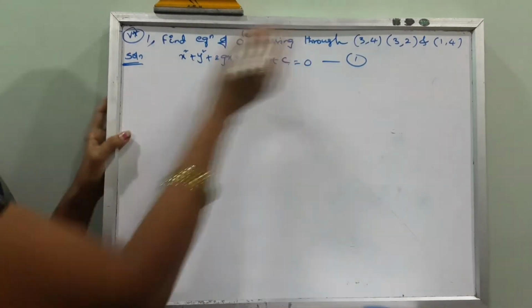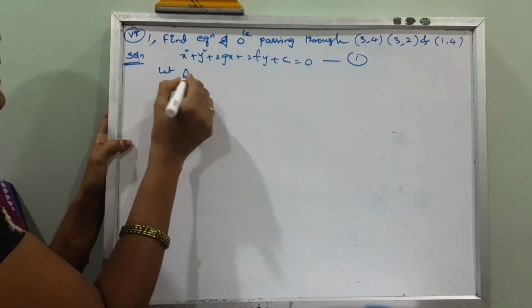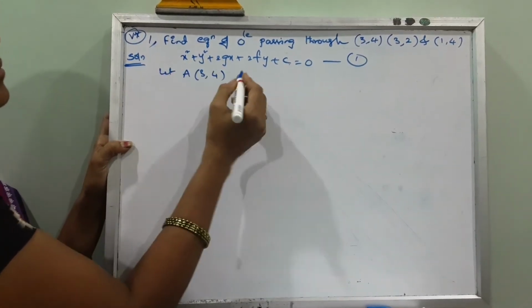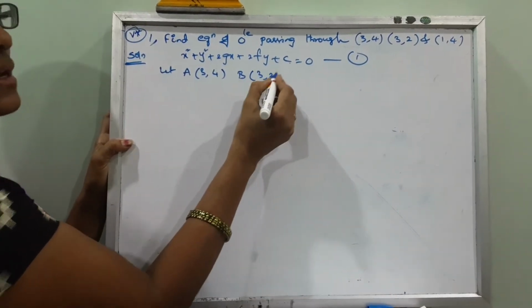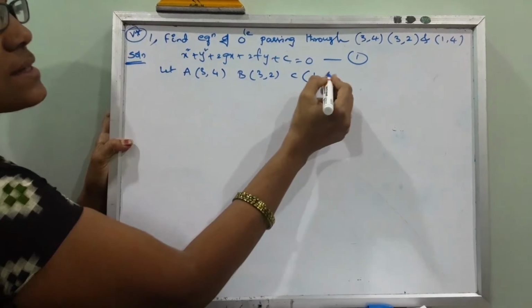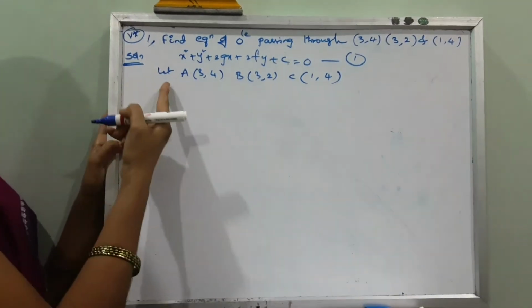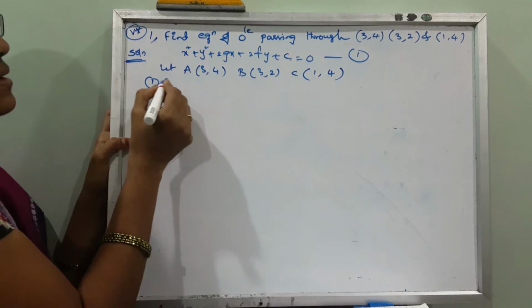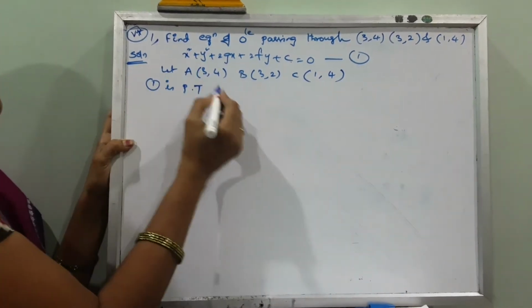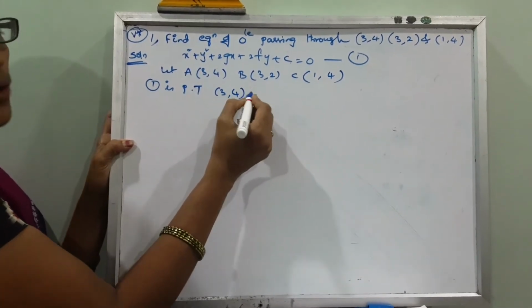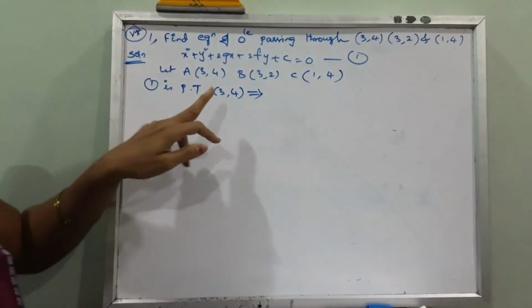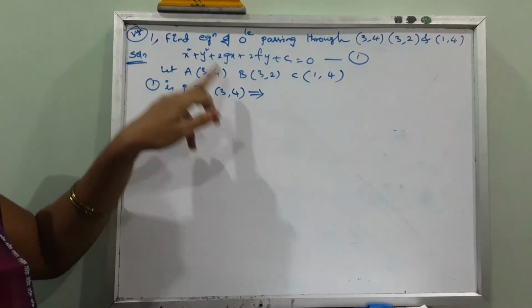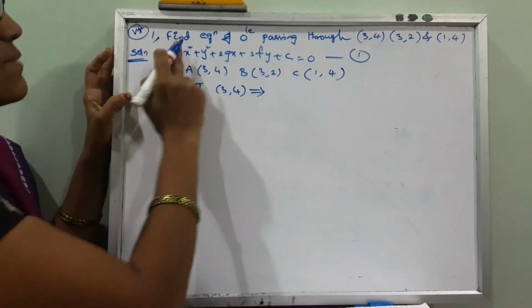Let us take the given points as A (3, 4), B (3, 2) and C (1, 4). First let us take point A. Equation 1 is passing through (3, 4), so put x equal to 3 and y equal to 4.